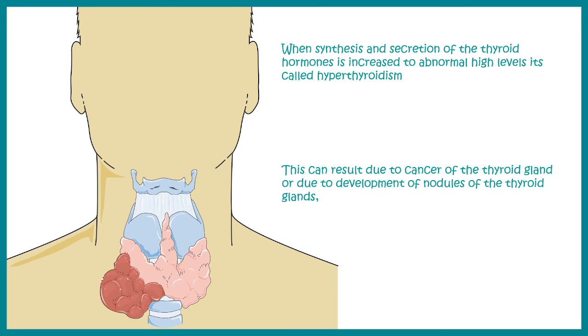So a tumor in the thyroid gland might lead to overproduction of these hormones, which has an adverse effect on the body's metabolism and several other aspects. There could also be nodules in the thyroid gland, which result in hyperproduction of these thyroid hormones. So at the end of this video, we understand too much thyroid hormone is bad and too little is bad as well. So there should be a balanced production of thyroid hormone, which would really control the body's metabolism.